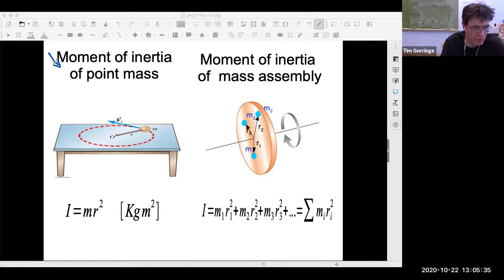So this is how you calculate the moment of inertia of a point mass, or a small mass, on a string. And that's what's depicted in this picture. It's a little hard to see, but here's the small mass, little m. Here's the string, length r. This is the axis of rotation in the center of the table here.